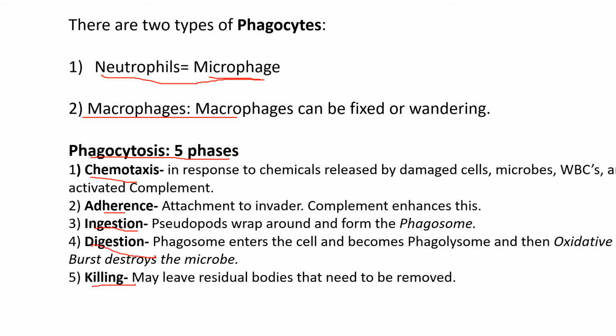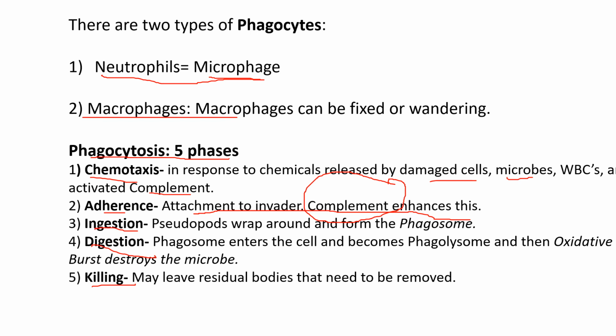So chemotaxis, we know the chemicals released by damaged cells, microbes, white blood cells are activated, complement will attract the phagocyte, macrophage, or microphage to the location. Then adherence is when the attachment to the invader, the complement, will enhance this. So complement proteins can help the attachment to that invader, which will help in phagocytosis.